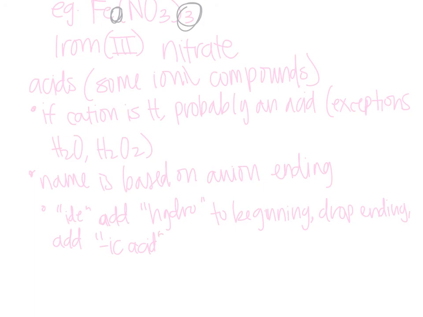So for example, HCl, we take chlor, we add hydro, and then add ic acid. So it becomes hydrochloric acid.